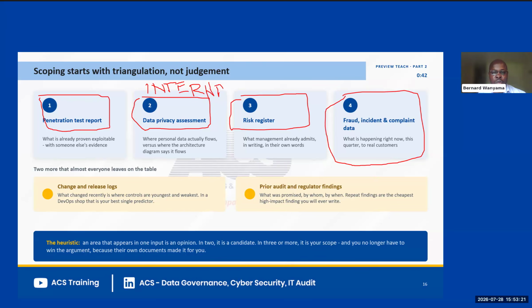But when you have access to a good set of complaint data from clients, that tells you what your clients are facing in the real world. And so you have the real world impact being reflected in these fraud complaints. And that is really one of the blind spots that most organizations have.